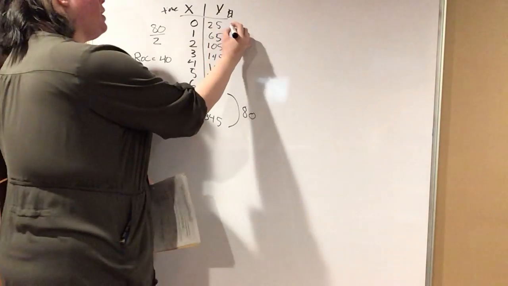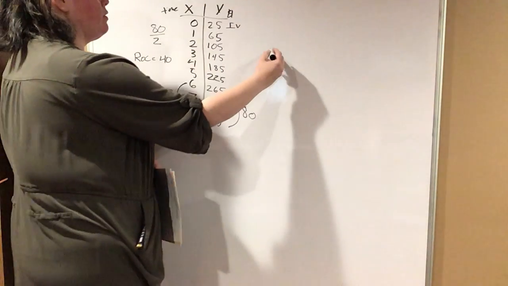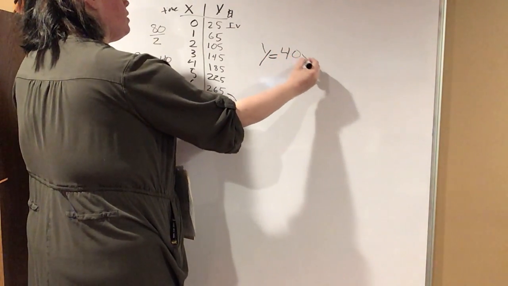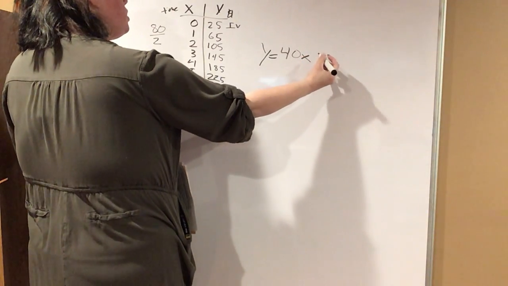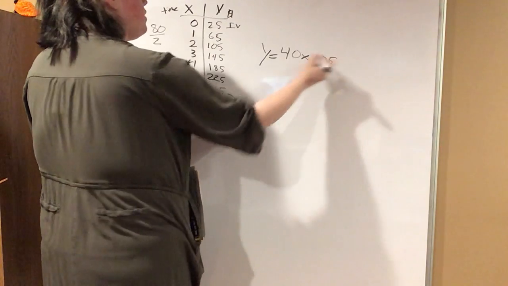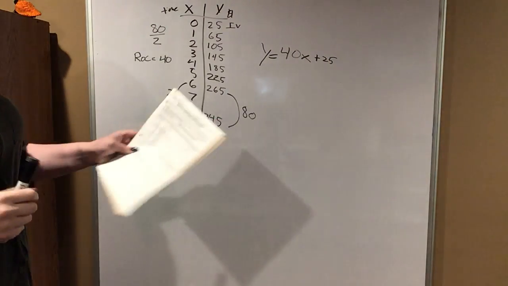And so she paid $25 to begin with. So writing the equation, y equals 40, that's how much she's paying per hour, plus 25 initially. That is how I like to solve these ones.